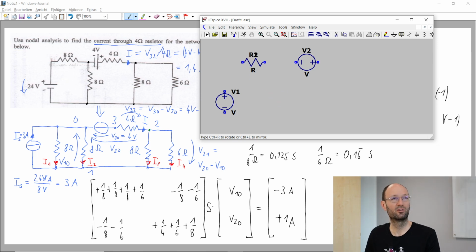So current here should be pointing to the right, current here should be pointing downwards. Here the current should also be pointing downwards, and if I want to have a current through the right, then it should be like this.